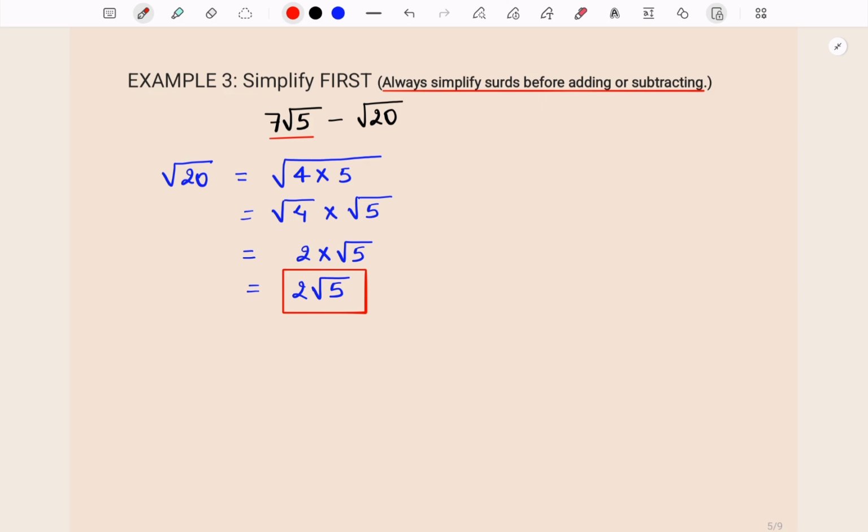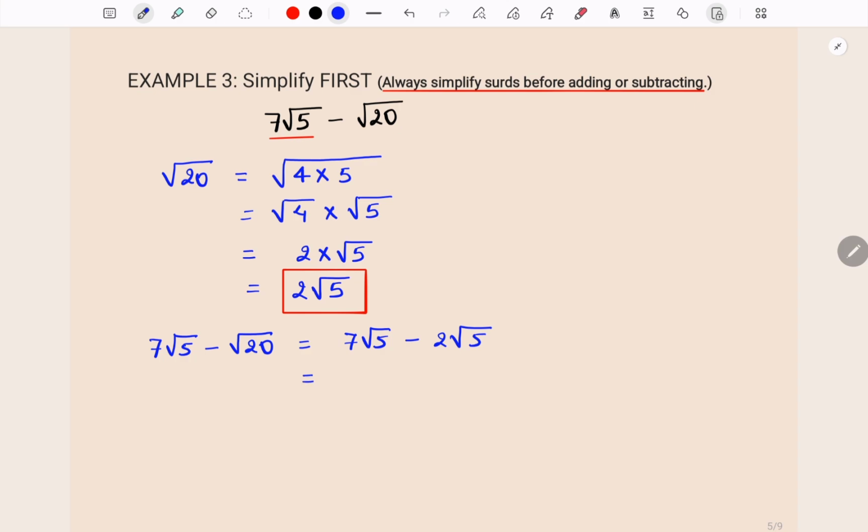So now let's solve this question. We have 7 root 5 minus root 20. Okay, so 7 root 5 minus root 20 is 2 root 5. We just simplified root 20. It is 2 root 5.